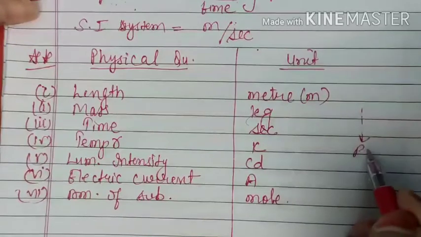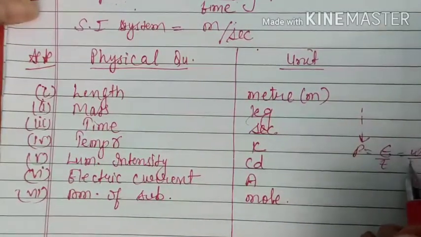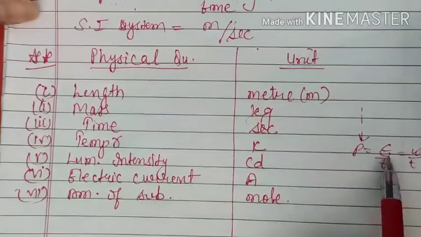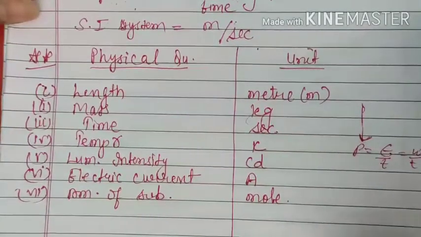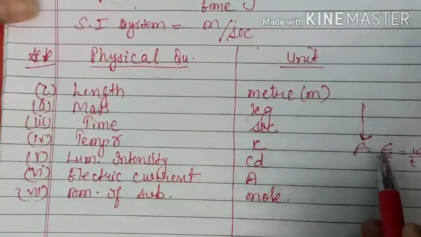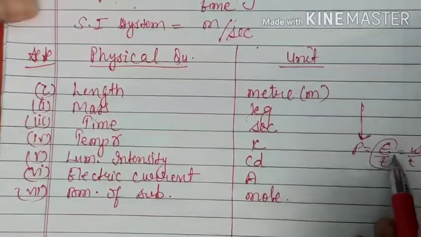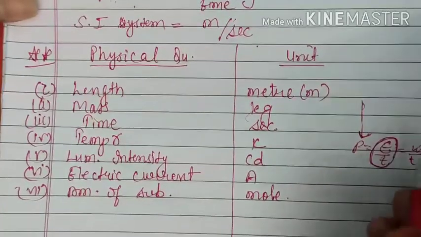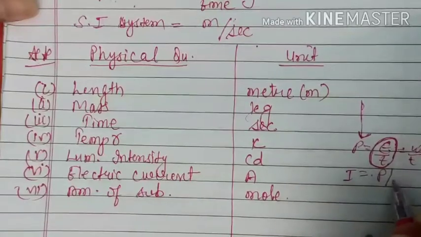We know power is energy per unit time, or work done per unit time, so we can relate energy and power. Light is also a form of energy. So how much light energy is falling in a unit time on a unit area is intensity, power per unit area.